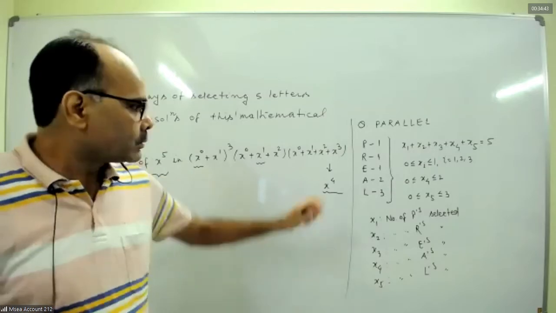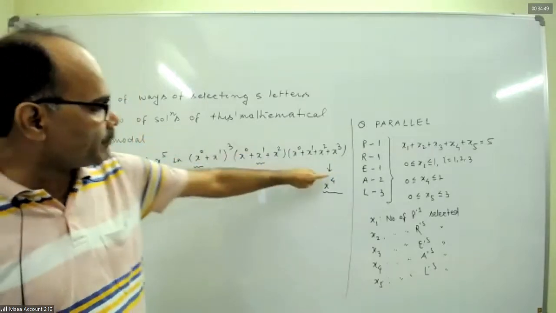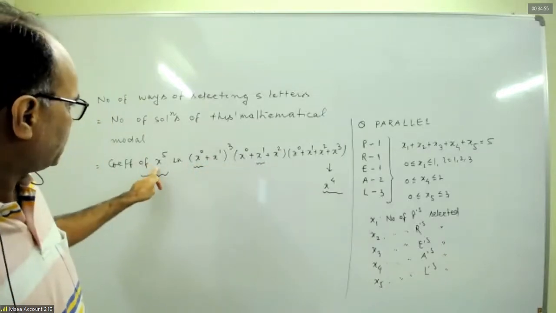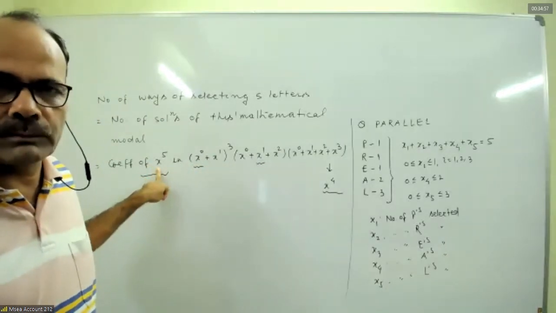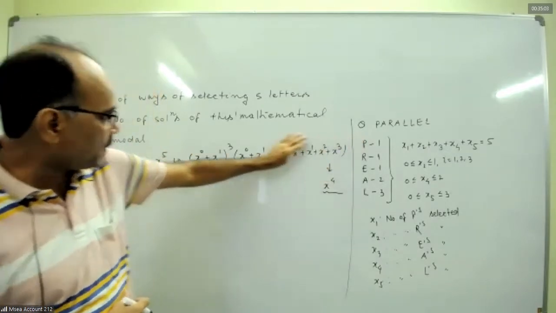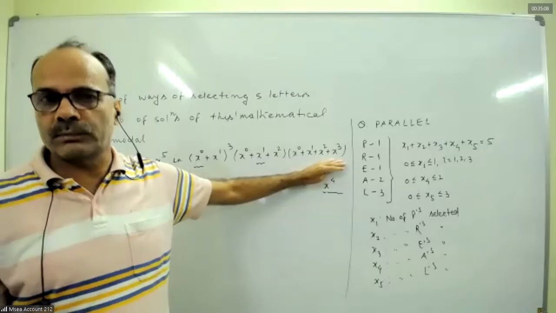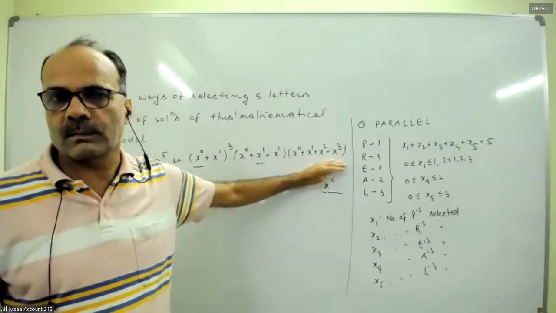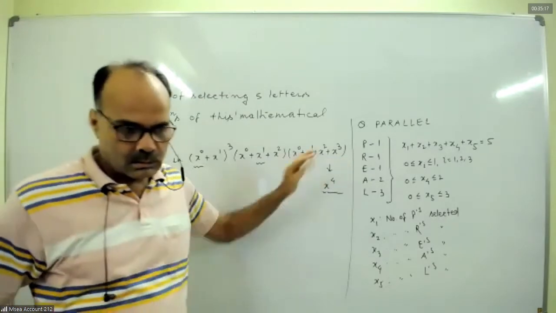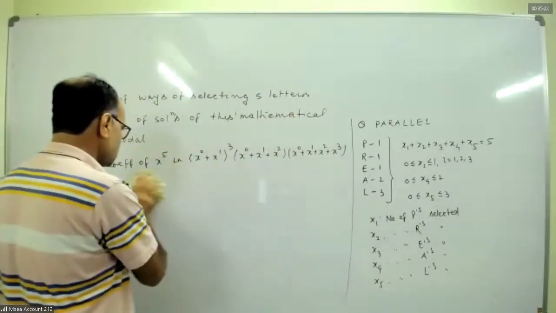So if you take an infinite series, this x5 cannot be 4, but this into this we will get a term involving x to the power 5. So if you take an extra term, the coefficient of x to the power 5 will be changed. So here we can't take an infinite series.